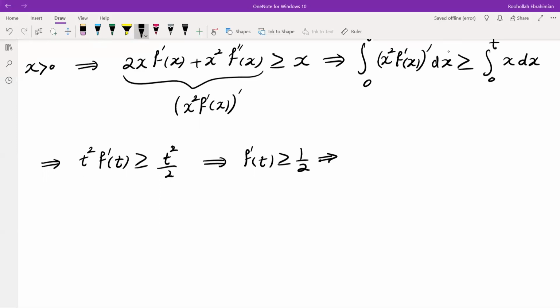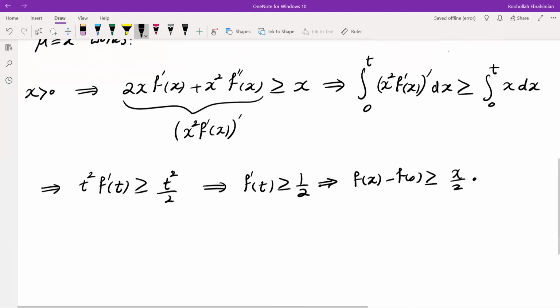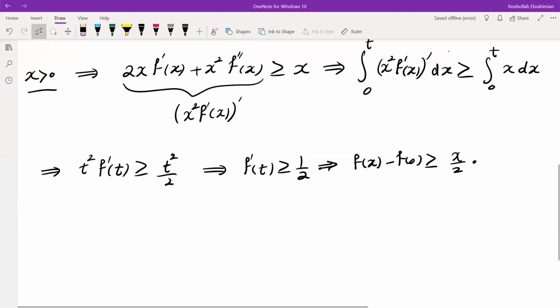If you integrate that again, we get f of x minus f of 0 greater than or equal to, and if you integrate the right-hand side again from 0 to x, we get x over 2. Okay, so that's pretty good. But just notice that I'm using the fact that x is positive because I'm integrating from 0 to x, so the direction of the inequality is not going to change.